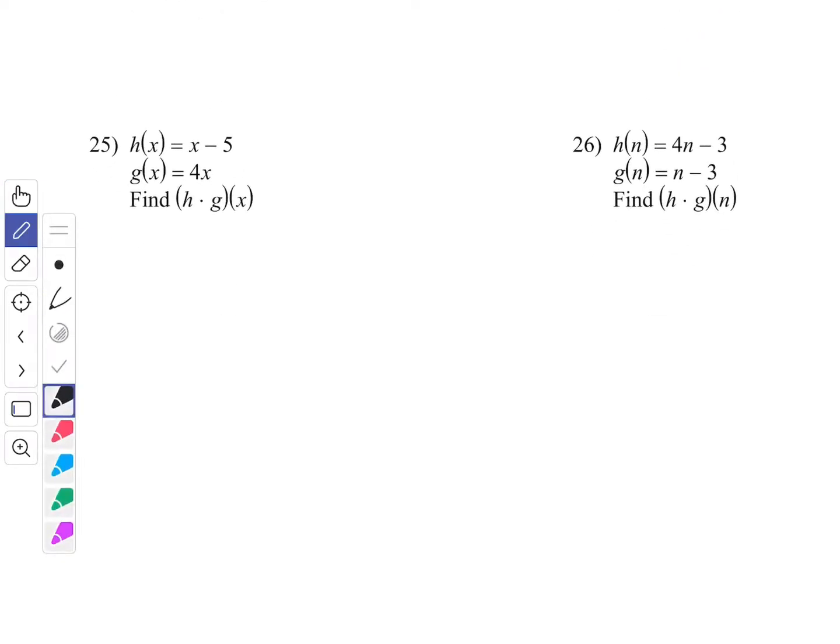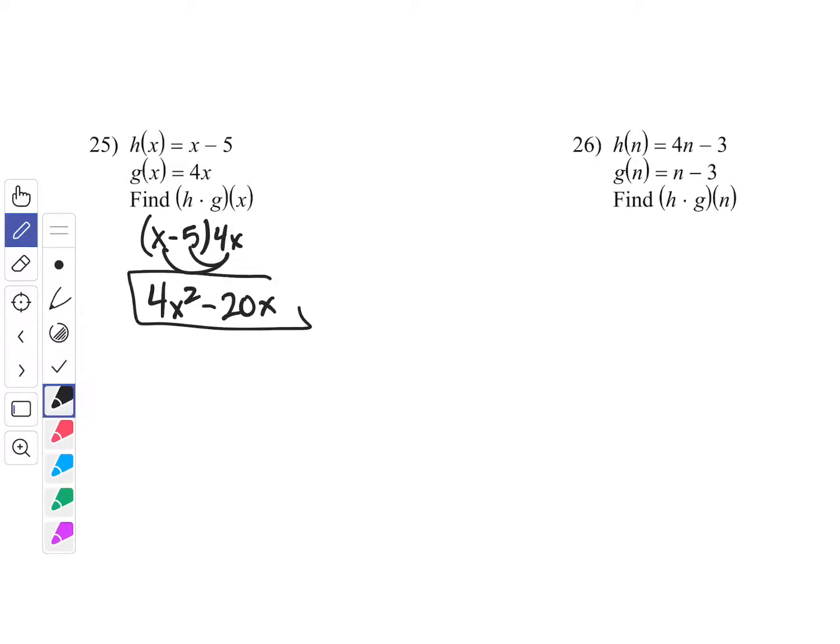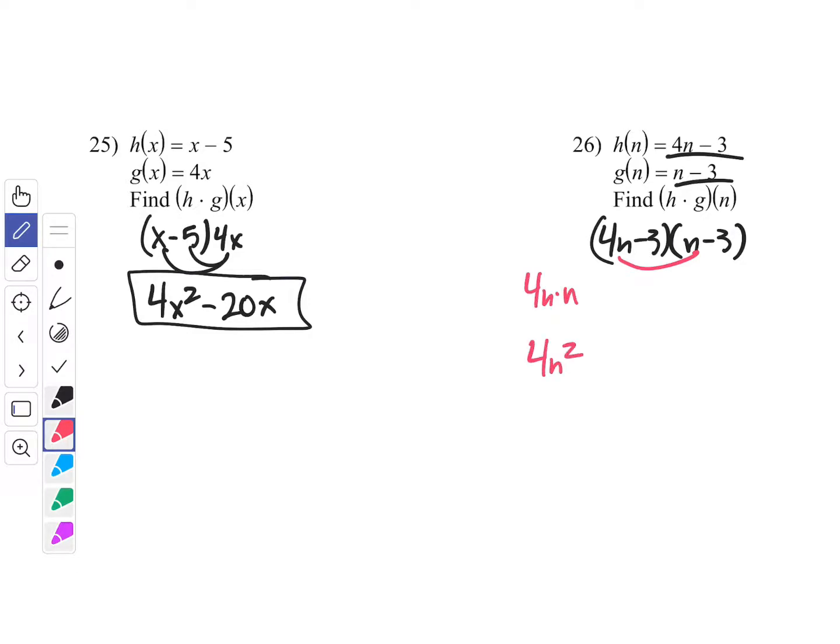25, same idea. X minus 5 times 4x: 4x times x is 4x squared, 4x times negative 5 is negative 20x. But again, if we have this one with the two binomials, 4n minus 3 times n minus 3, I do our first, 4n times n, which is 4n squared.